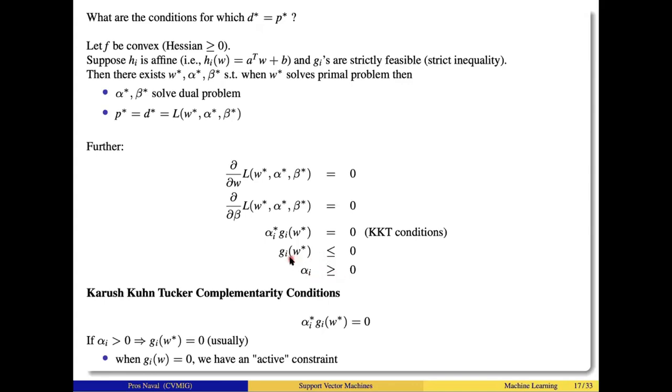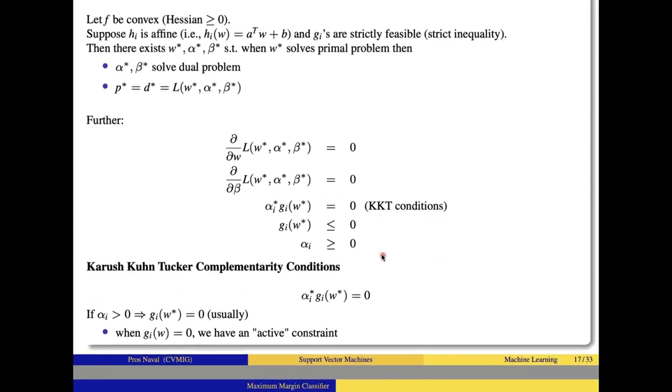And then this constraint, the inequality constraint, is also satisfied. So these are the conditions. This is a theorem that we had earlier, if you recall. Now there's this additional condition.